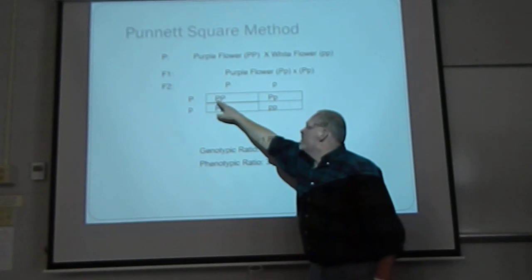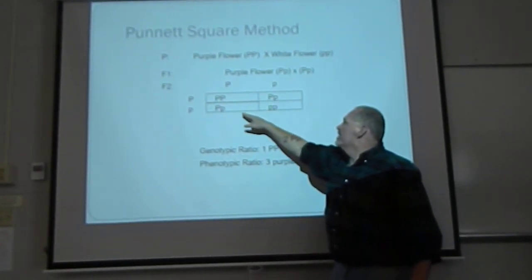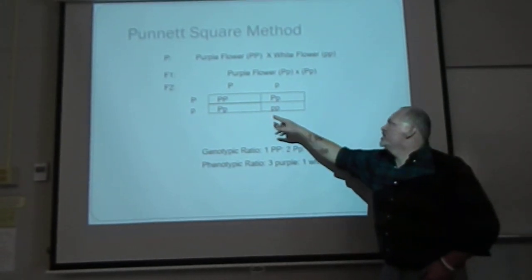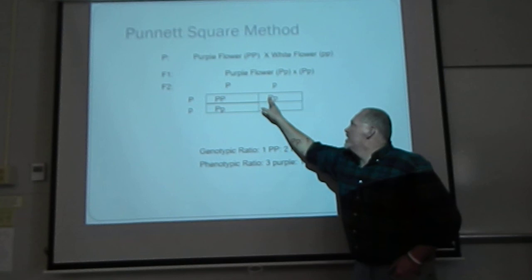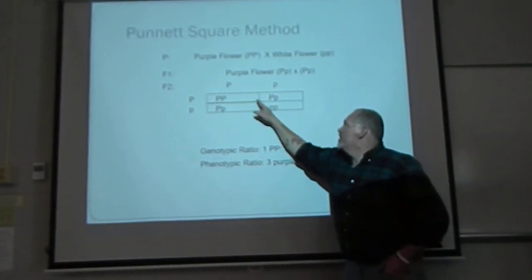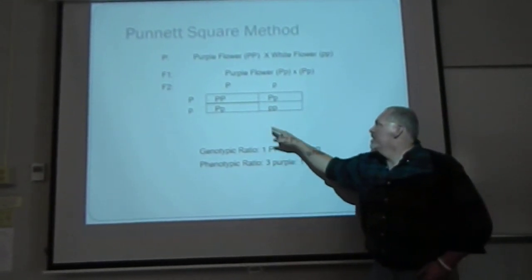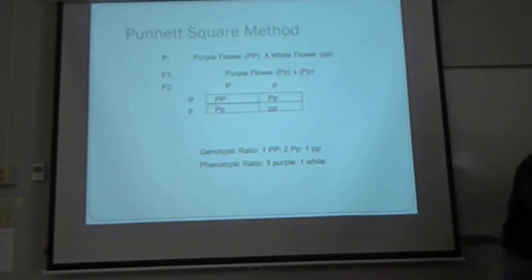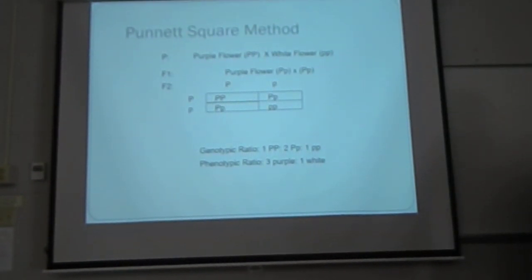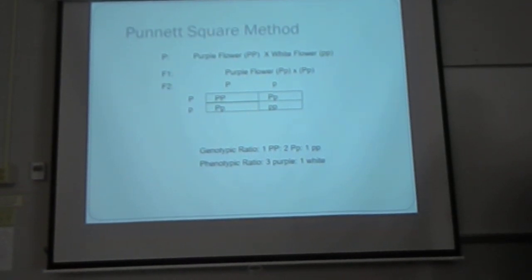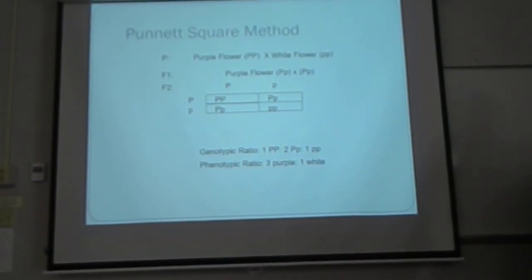And so what you do is just match the letters together, and you come up with your genotypes, right? The genotypic ratio now is still going to be 1 to 2 to 1, all right? The phenotypic ratio: this is purple, this one's purple, this one's purple, 3, this one's white, 1, okay? So that's always going to be the same. It does not matter what trait you're looking at. The genotypic ratio is 1 to 2 to 1. The phenotypic ratio is 3 to 1.